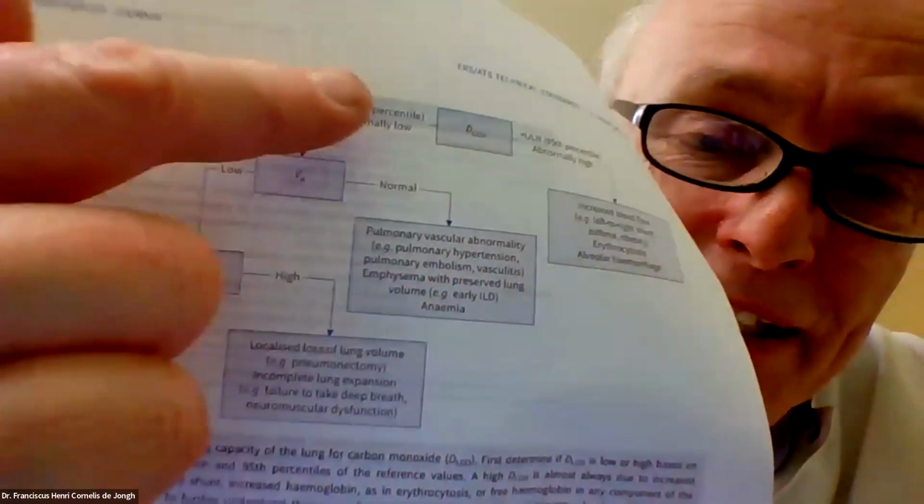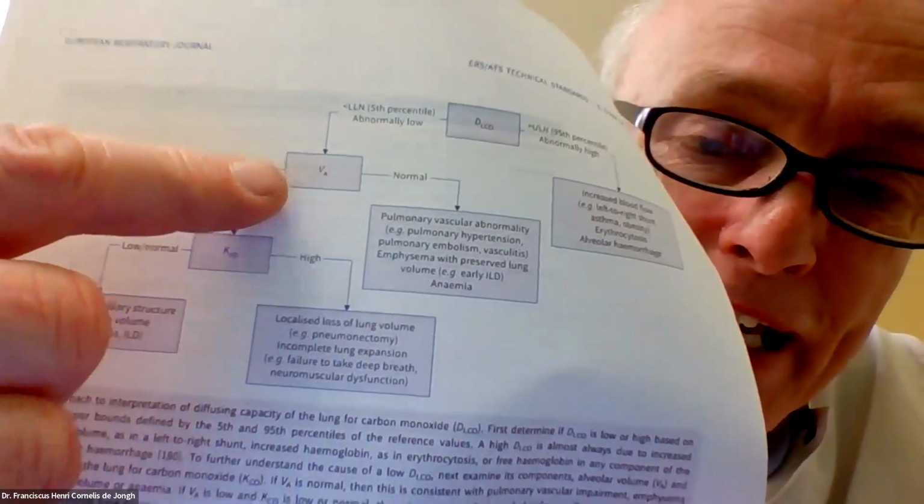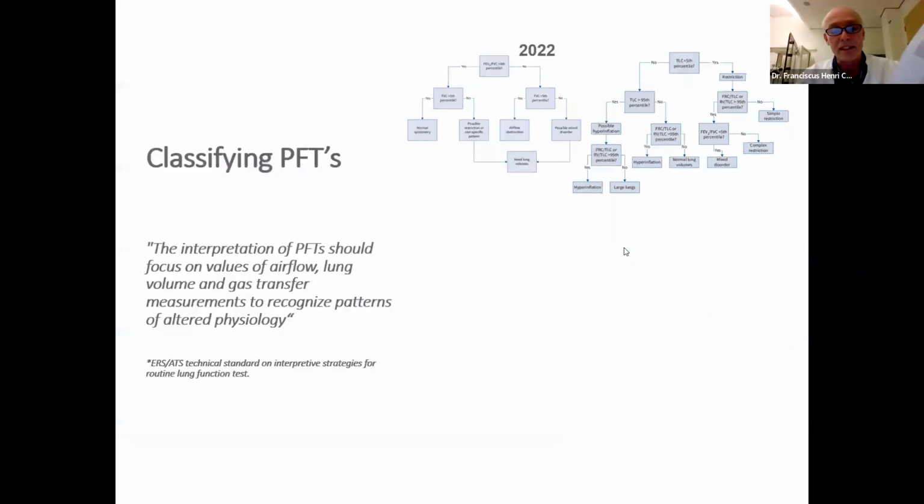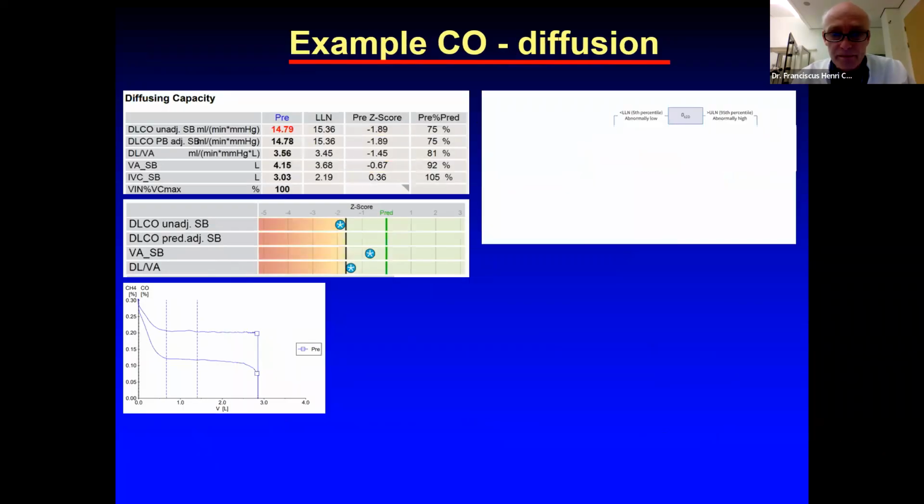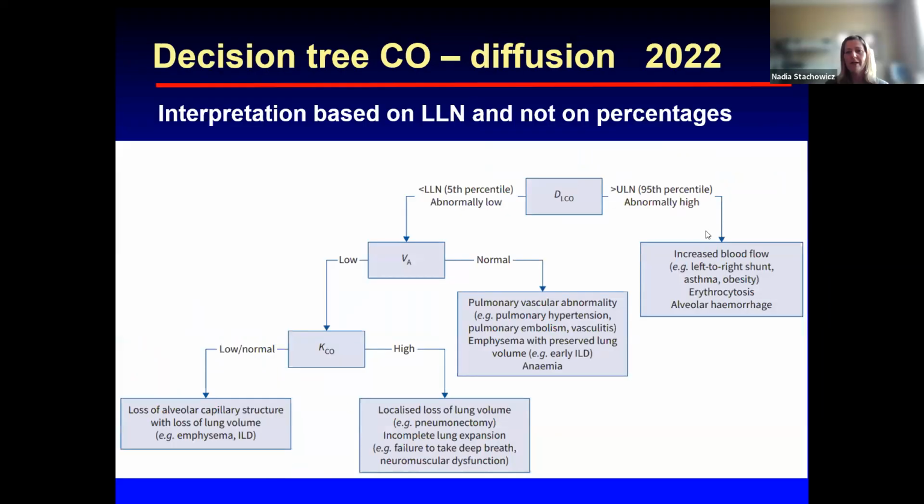I can of course have it fast this way. You can see DLCO, you can see VA, and I'm going to pull it up for you. There we go.